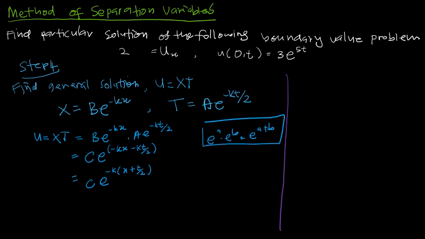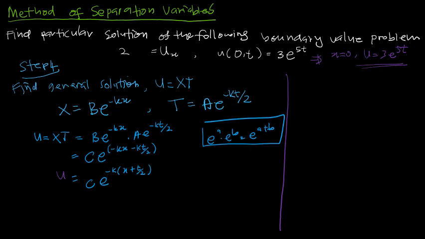From the boundary here, we have the condition where x equal to 0, and we also have u equal to 3e^(5t). So look at here, we have u equal to 3e^(5t), and we have also here u equal to c e^(-k(x + t/2)). So we can compare both sides.